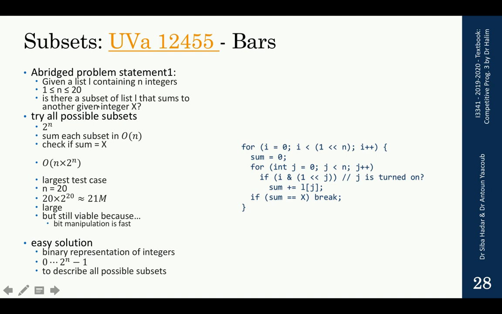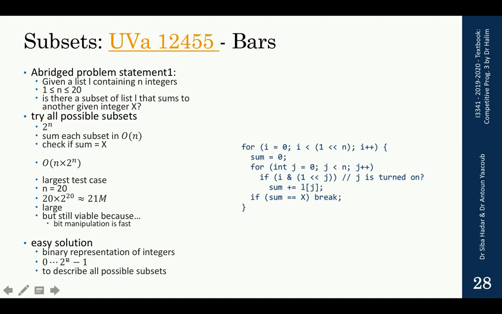Every element in a subset is either present or not. So if you consider it as bit manipulation, you consider that there are n bits, and in every subset, either we turn on the bit corresponding to a given element or we turn it off.